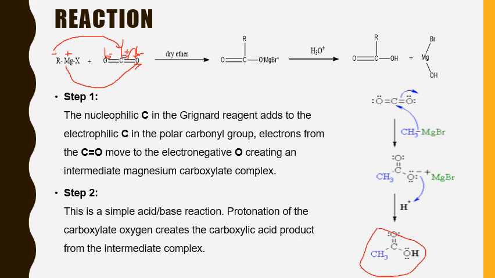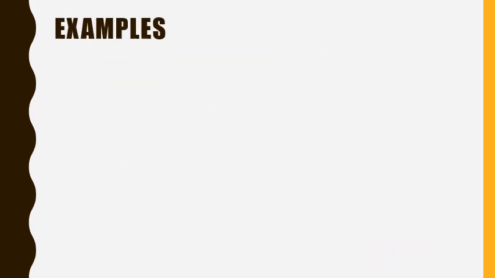Within COOH, H is from this hydrolysis, COO from this carbon dioxide, and this R is from the Grignard reagent. So if you want to prepare any carboxylic acid of your choice, we just need to write the structure of the carboxylic acid and then compare the R with the structure, so that you can identify which Grignard reagent you have to choose for that.